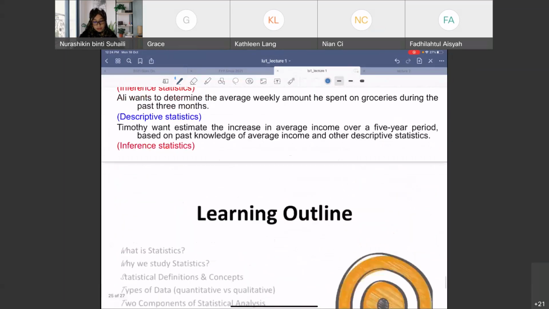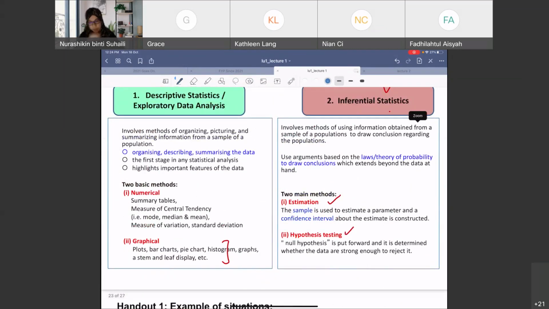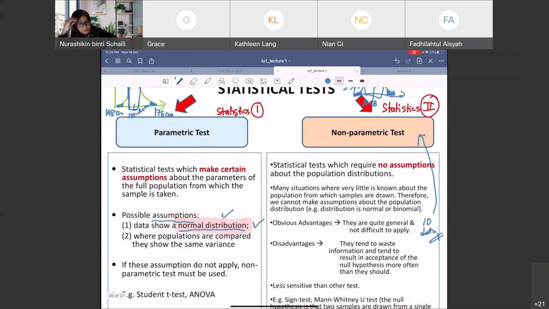Okay, Doctor, I have a question. Especially about the 2 components of statistical analysis. To make it easier for me to understand, in descriptive statistics, would you say that it is something that could be determined through the data, while in inferential statistics we can only reject or not reject something?